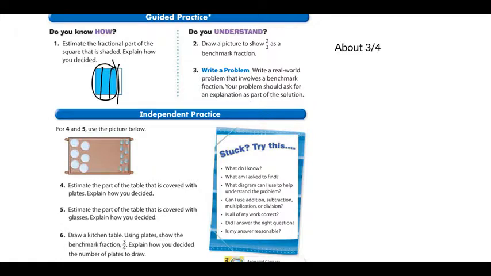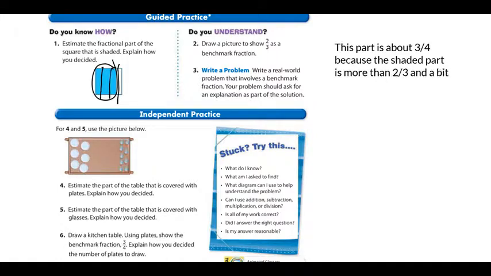I could say this part is about 3/4 because the shaded part is more than 2/3 and a bit more than 3/4.